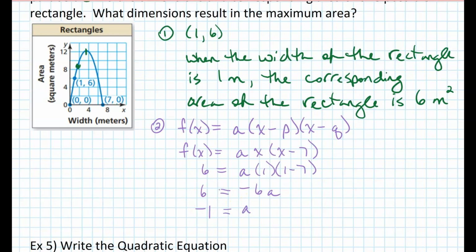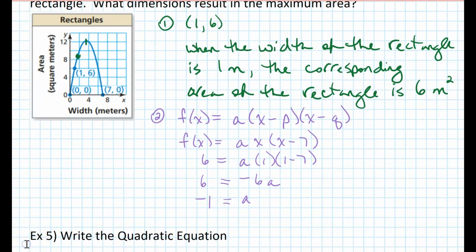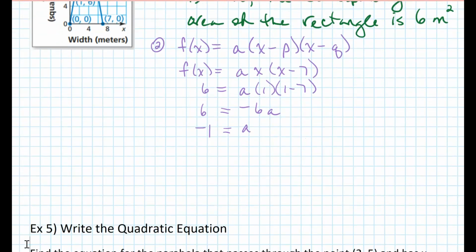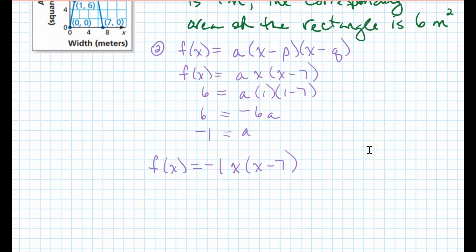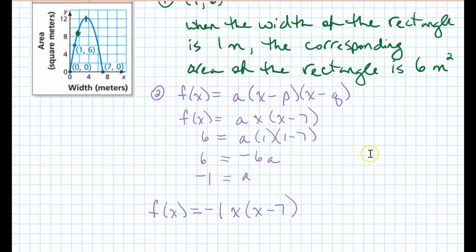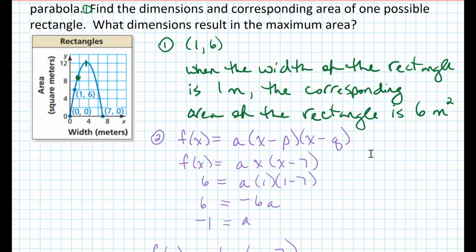Negative 1. All right. Oh, you know what? We're not doing this last one because we did these last time. Okay, so we have a is equal to negative 1. So that means our equation is f(x) is equal to negative 1 times x times (x minus 7). Okay. So that equation represents the area.